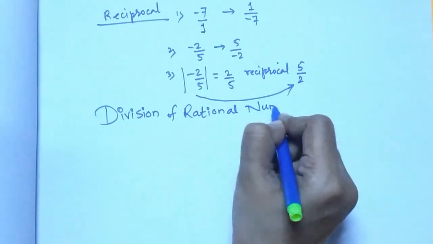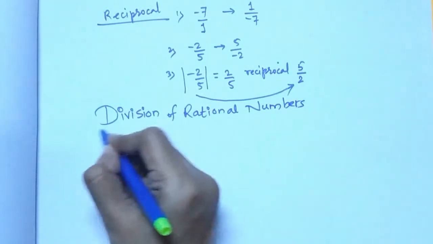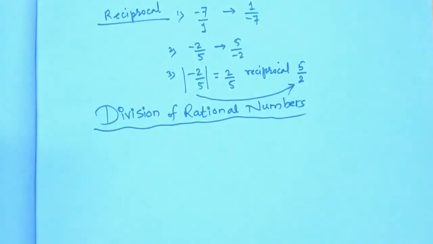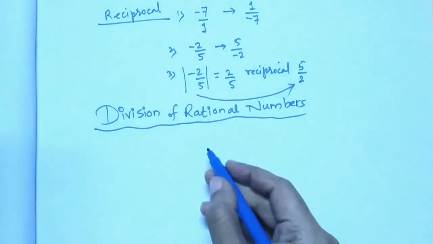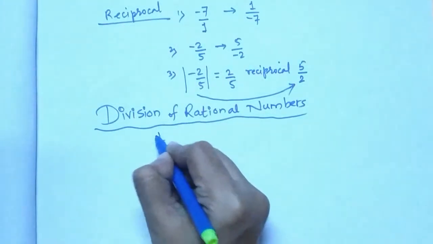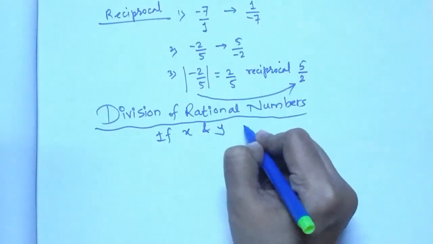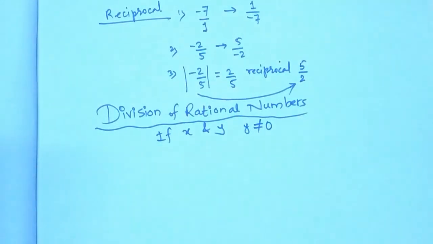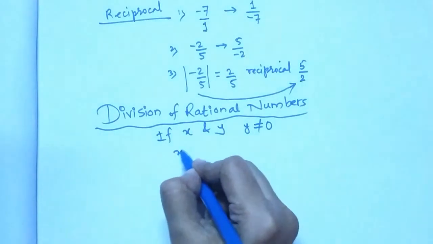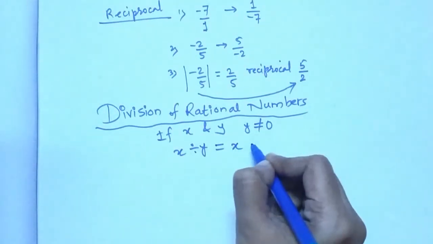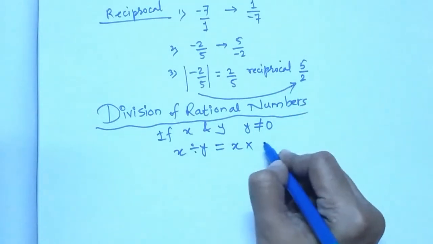For division of rational numbers, if x and y are any rational numbers such that y is not equal to 0, then x divided by y is equal to x into the reciprocal of y.